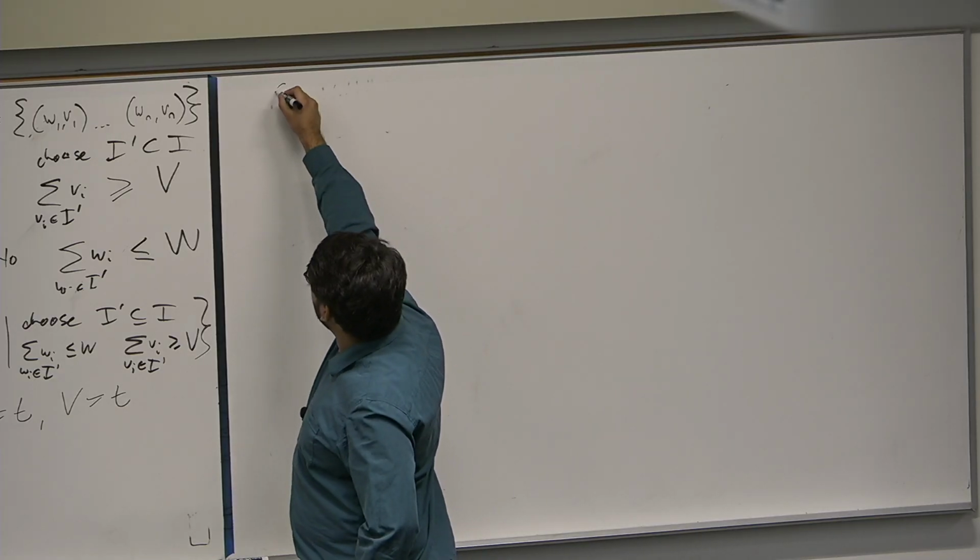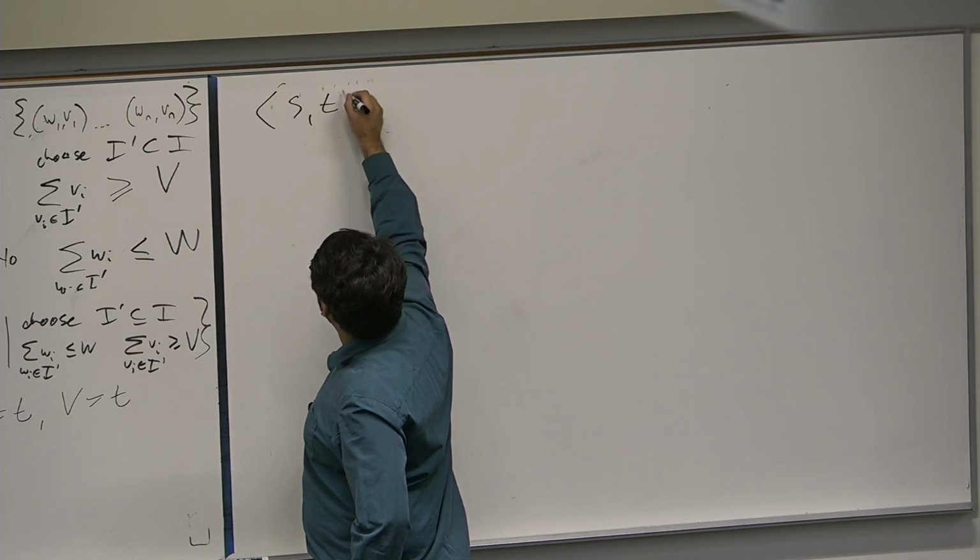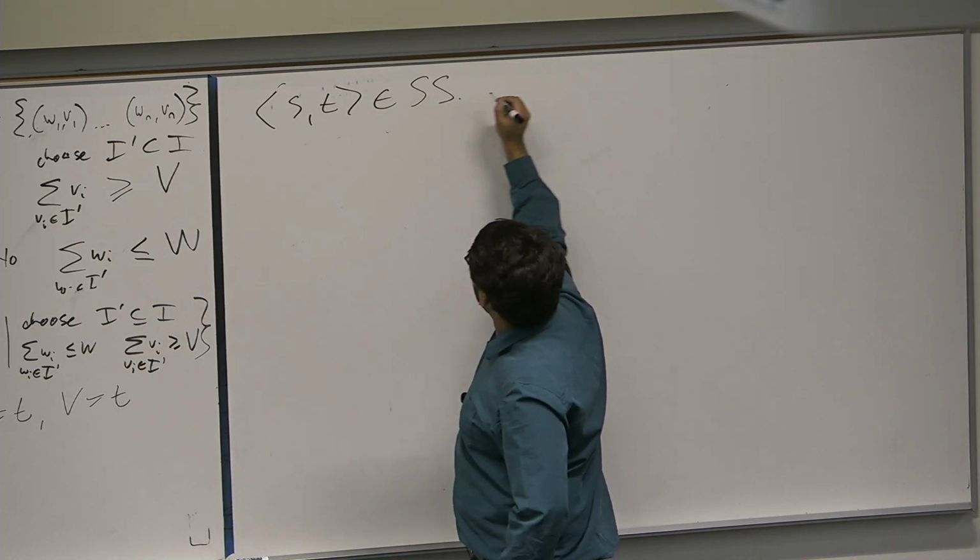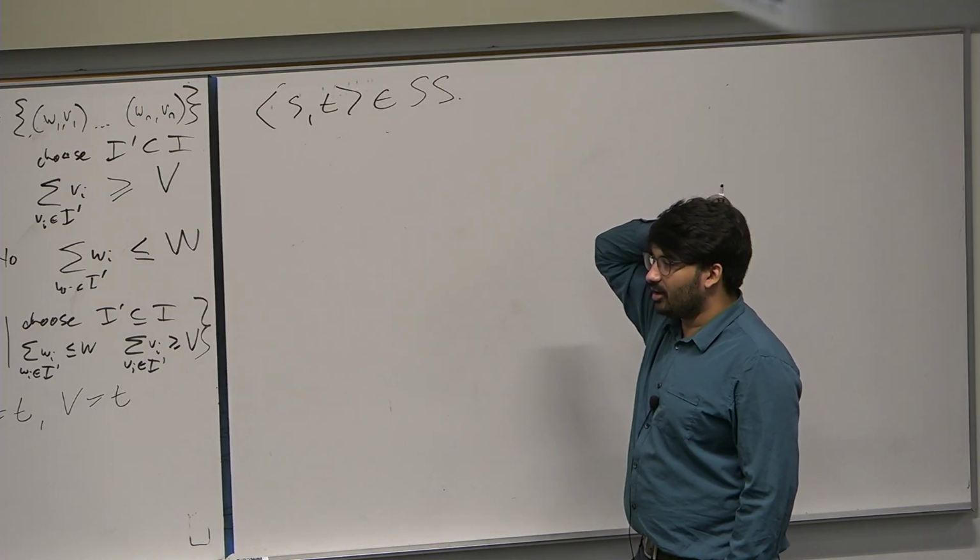Let's quickly prove it. Suppose S comma T is in subset sum. Consider the items chosen.